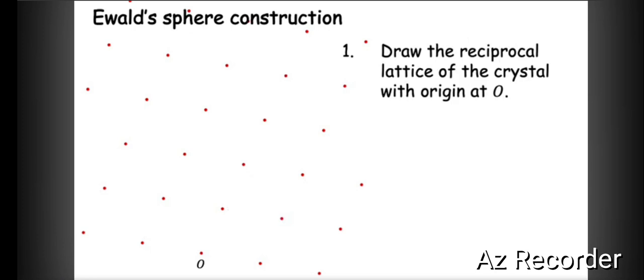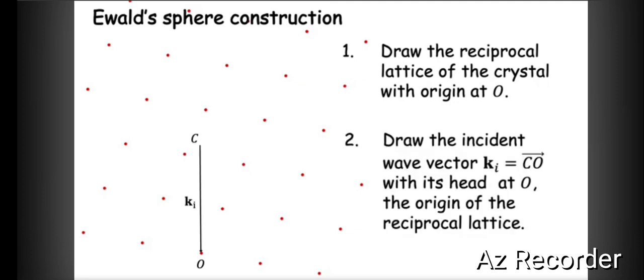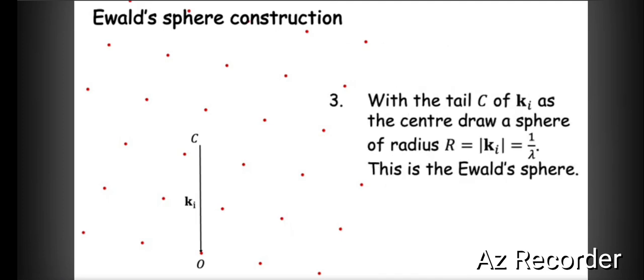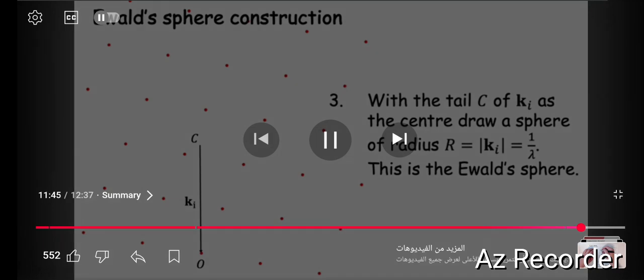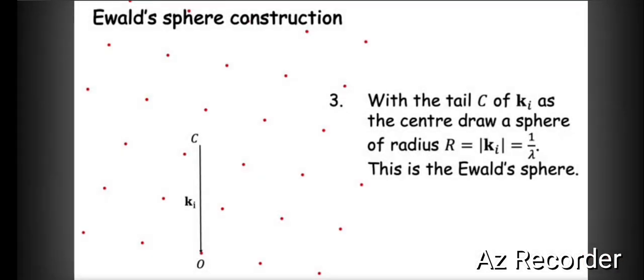So let us summarize the Ewald sphere construction now. The steps are: we first begin with the reciprocal lattice space with its origin O and draw the incident wave vector Ki as CO with its head at the origin of the reciprocal space. We then use the tail of Ki, C, as a center of a sphere, and we draw a sphere of radius 1 by lambda.